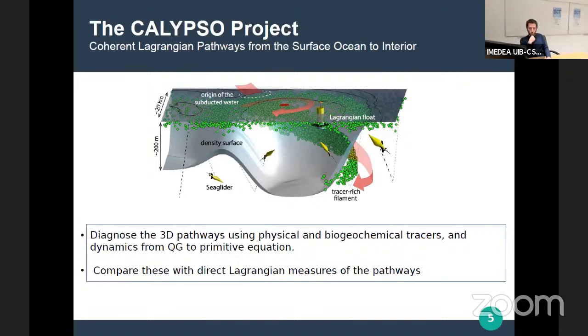The idea is to diagnose the 3D pathways using a physical relation, primitive equation models, some dynamics that I'm going to discuss later, and then compare the studies with real, direct Lagrangian measures that are possible thanks to instruments that are right now in development, Lagrangian floats.